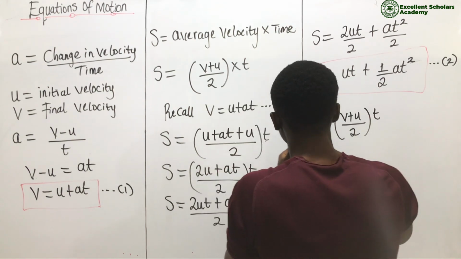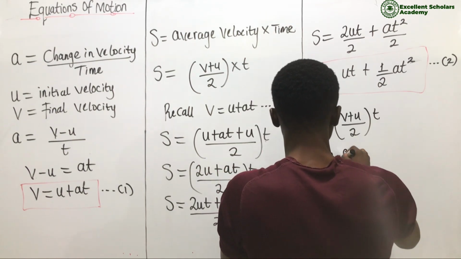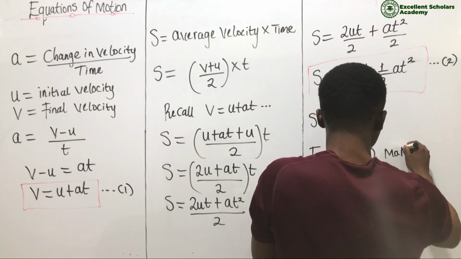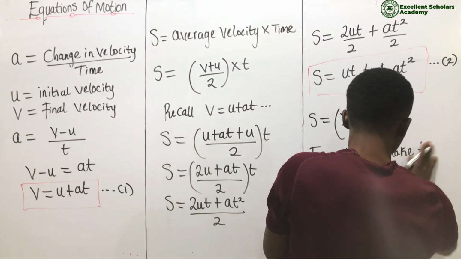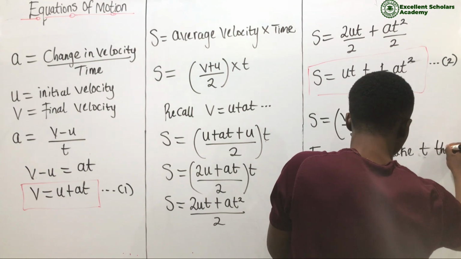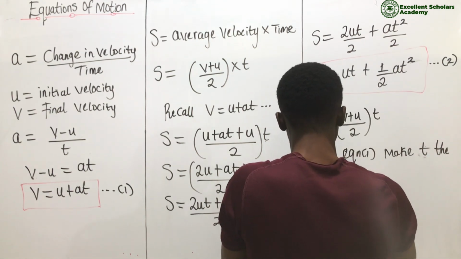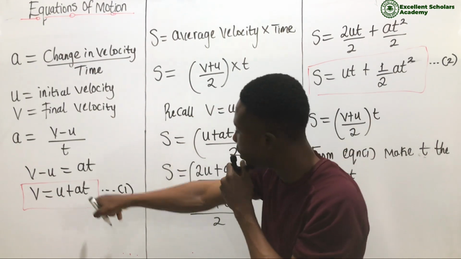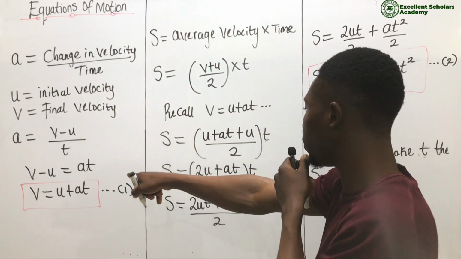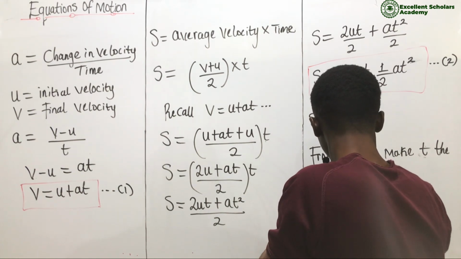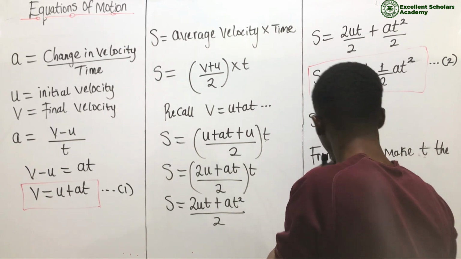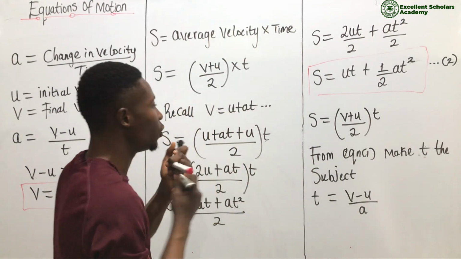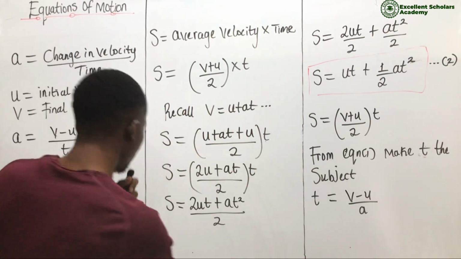From equation 1, we're going to make t the subject of the formula. If we make t the subject from there, t is going to be equal to v minus u over a.